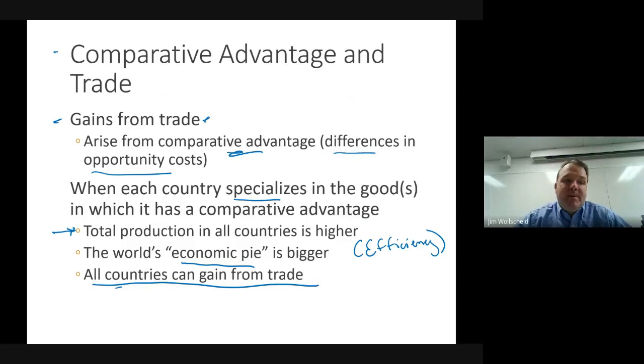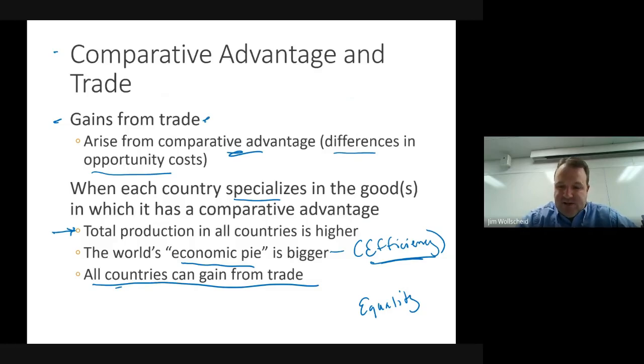So hopefully you remember from the discussion in chapter 1, if we're focused on efficiency, what are we neglecting, or what's not going to be there? Right? We're worried then about equality. Because trade focuses a lot on efficiency, and we're okay with that.